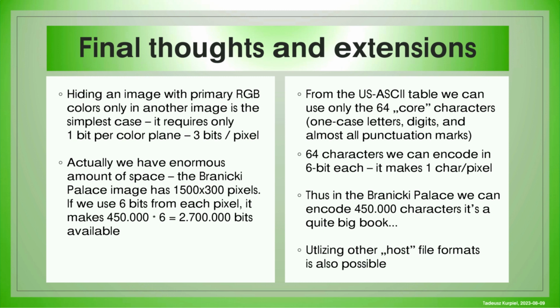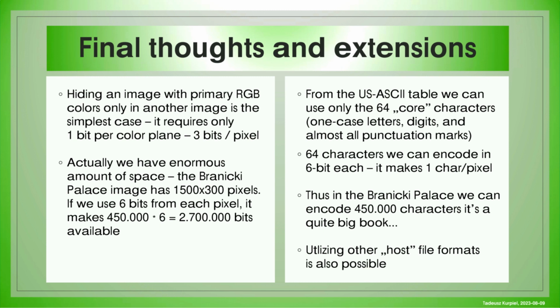And having plain text with the US ASCII character encoding, we can take only part of the character set, let's say 64 characters. It is enough to have all one-case letters, digits, and most of the punctuation marks. And 64 characters we can encode in 6 bits, so we can encode 1 character per pixel. Thus, in the Branicki Palace image, we can encode 450,000 characters. It's quite a big book, isn't it?